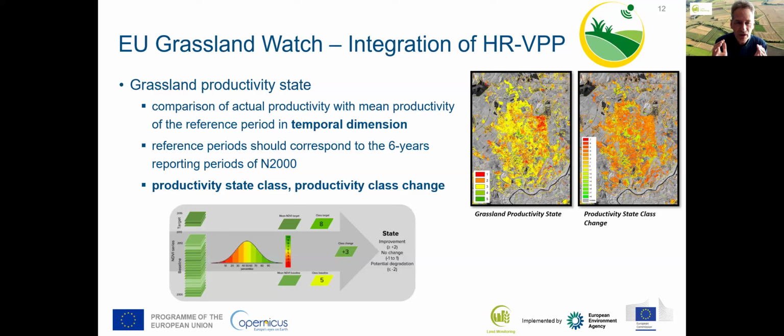They have to report under Article 17 of the Habitats Directive every 6 years. So the idea is, we have a 6-year cycle. What is the average in that one? And where are we deviating from a certain average in a positive or in a negative direction, allowing us to use that in order to classify the productivity state that we have.